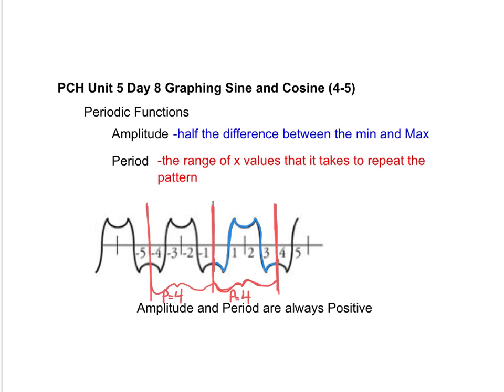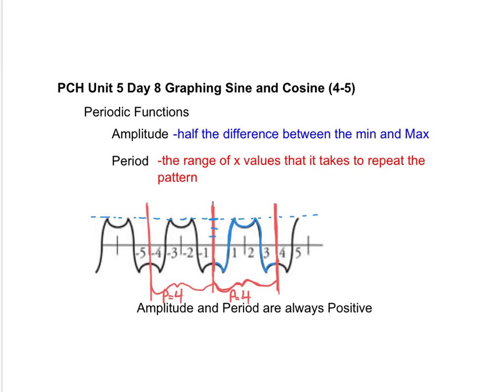Now, all periodic functions have this period, this consistent distance between repetitions, okay? But we also have what's known as the amplitude. So if we look at the highest point, we'd call that the max, and it's going to be consistent for every iteration of the period here.